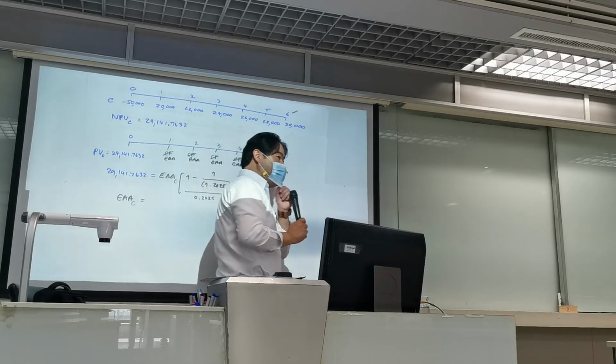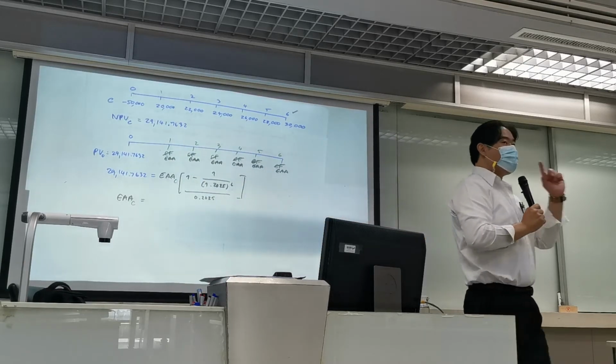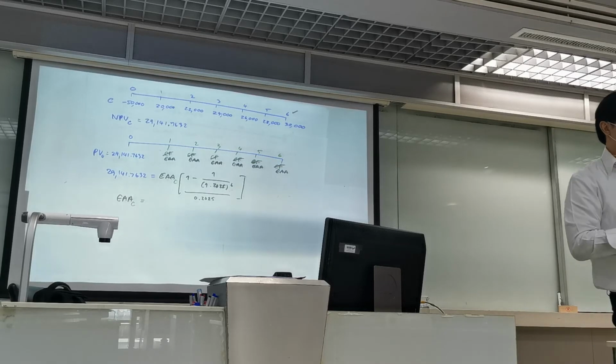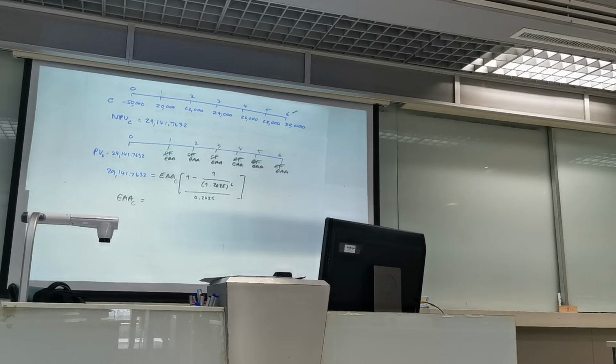And compare EAA, which project gives you higher EAA, select that project. And remember, from our replacement chain method, we select forklift project, right? We just look at the very same 2 projects. So I expect that the conclusion must be selecting the forklift as well. Or EAA of the forklift should be higher. Any question for this method? Okay, please calculate EAA for conveyor and also calculate EAA for forklift.